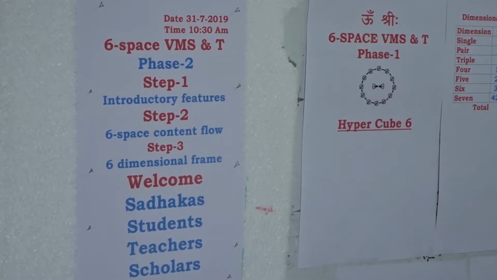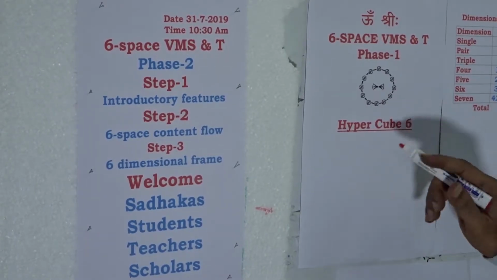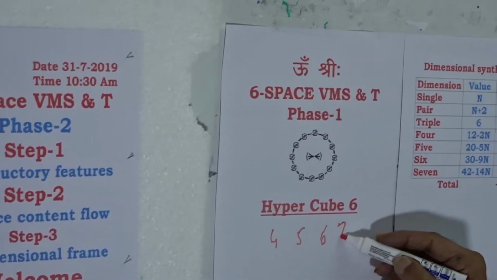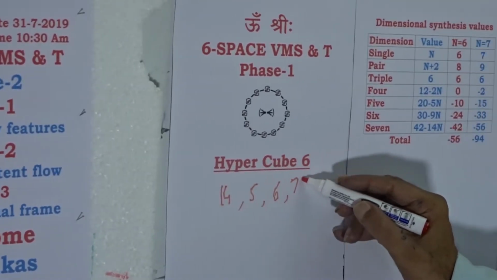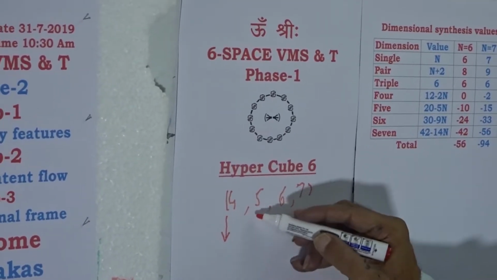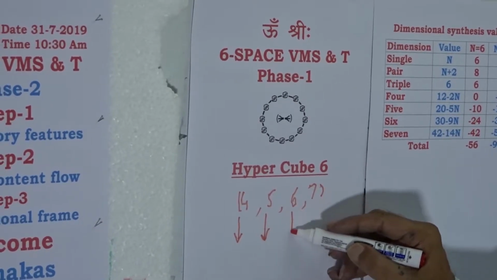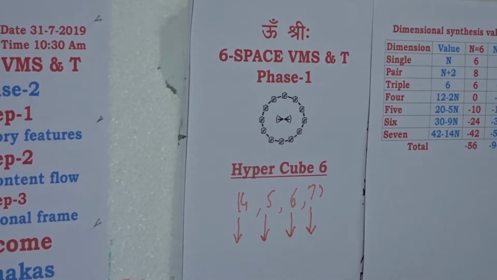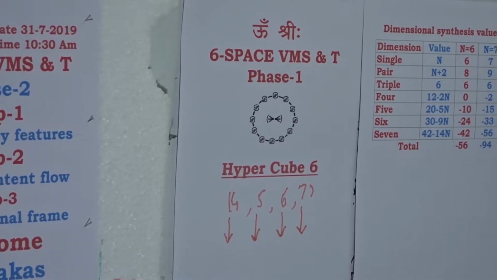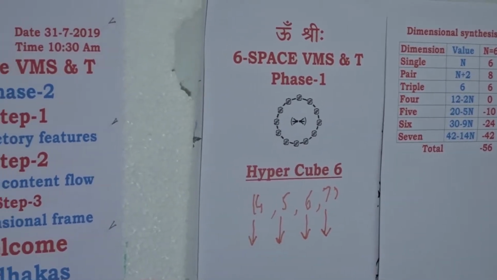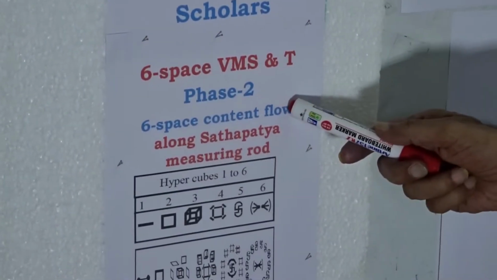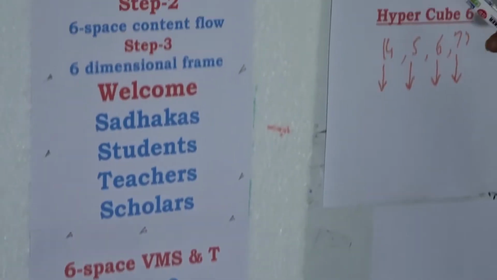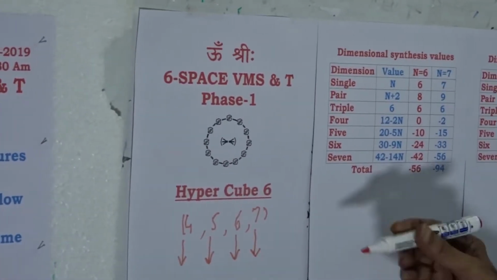Hypercube 6 is a four-fold manifestation layer, 4, 5, 6 and 7, means 4 space in the role of dimension, 5 space as boundary, 6 space as domain and 7 space as origin. In Phase 2, the focus is upon 6-space content flow along Sthapatya miring rod. 6-space content is manifesting as the domain fold.